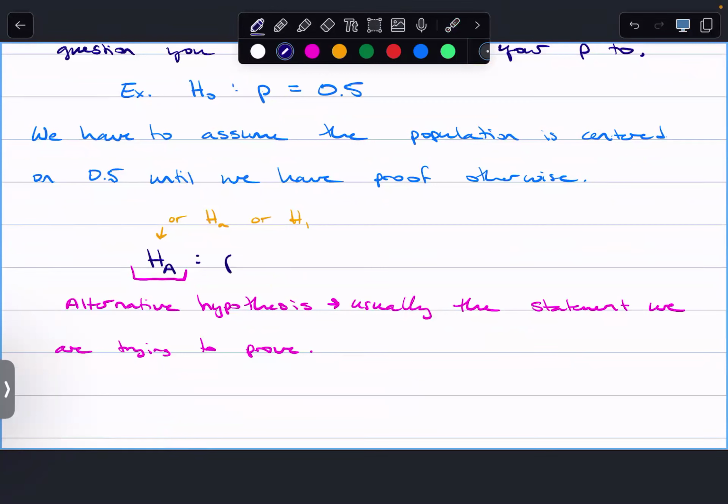And so we have P, how it relates to P naught. And the only thing that changes here is this sign, from H naught.